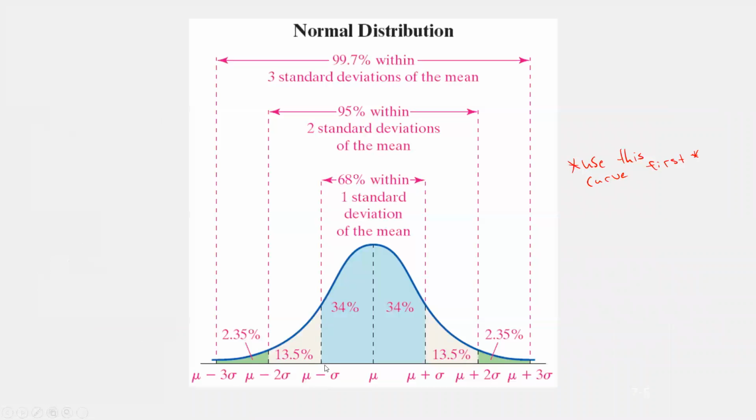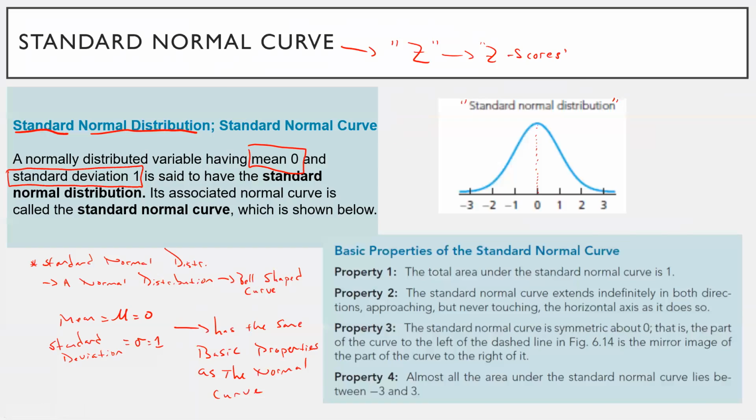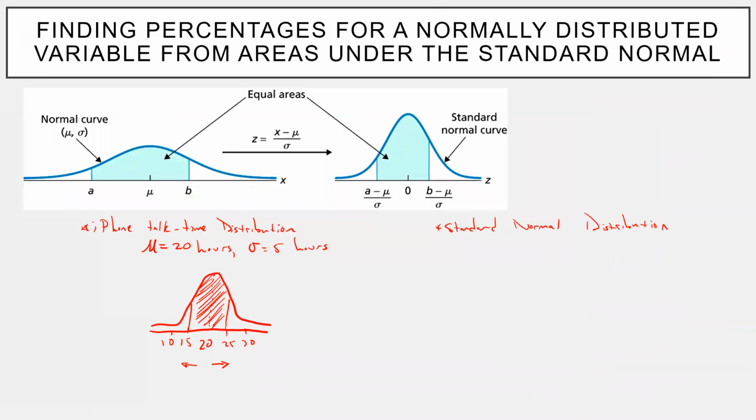From one standard deviation below to one above, it'd be 0.34 plus 0.34 gets you 68%. So this right here would be 0.68.